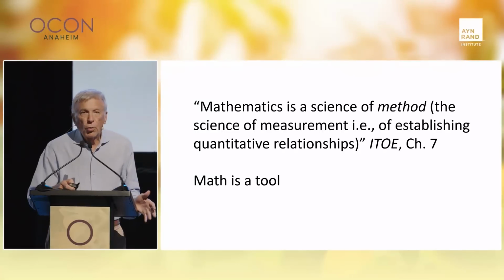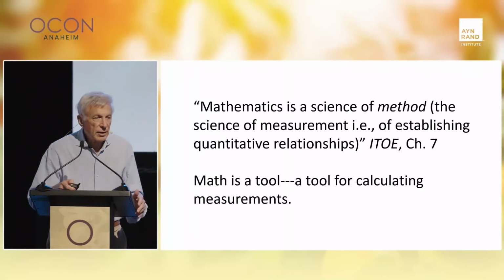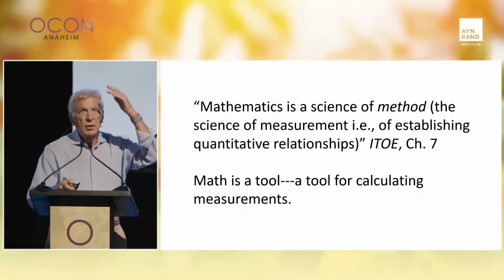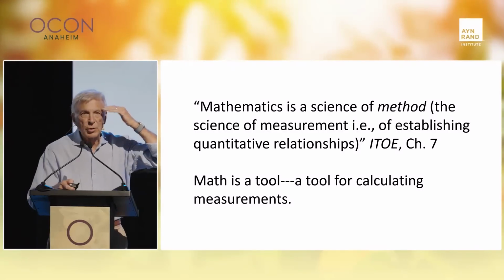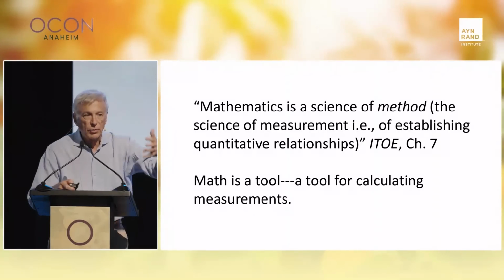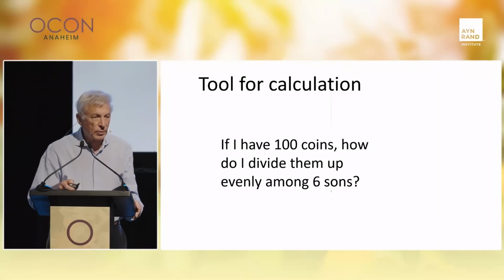So it's a tool. It is not a communion with a perfect mathematical object in another dimension that we can only see with our mind's eye, not with our real eye. It's a tool for calculating measurements.